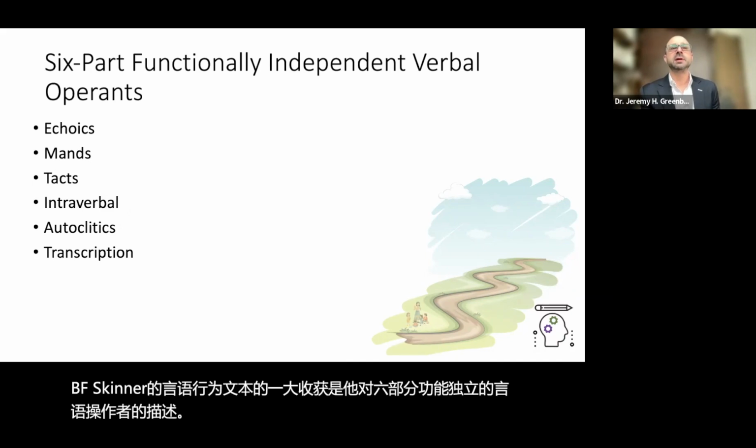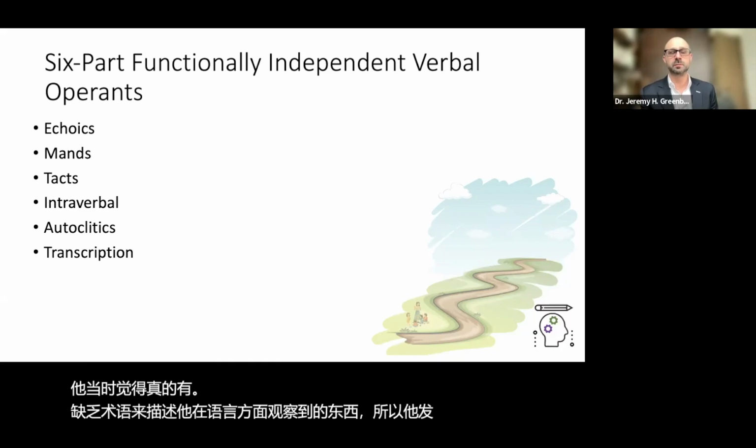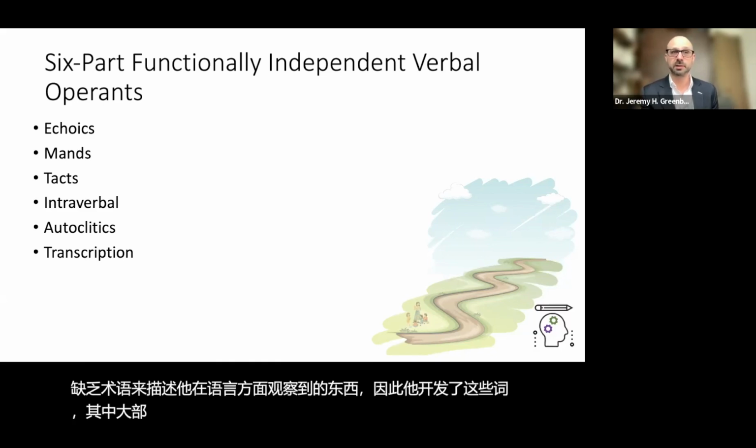He felt at the time that there was a lack of terms to describe what he observed in terms of language. So he developed these words, most of which are kind of invented by him.